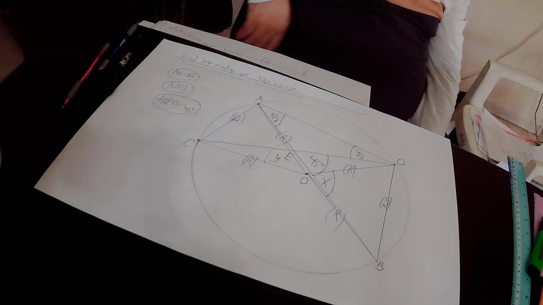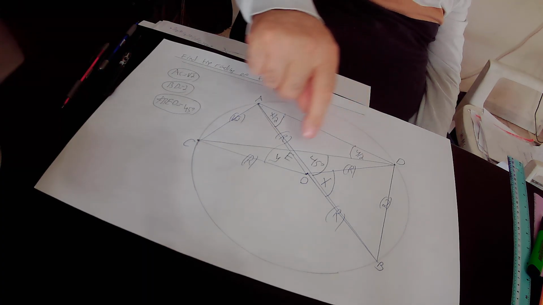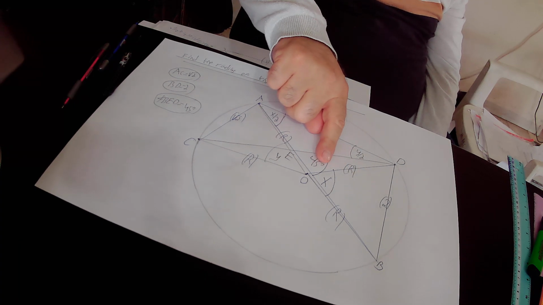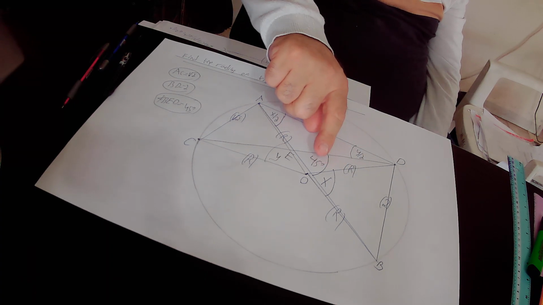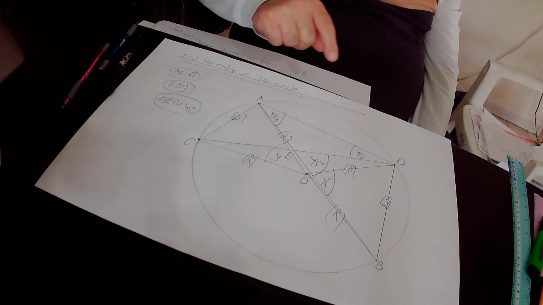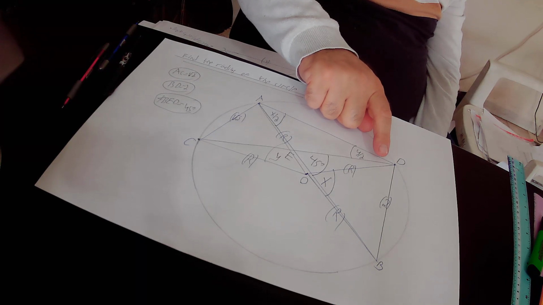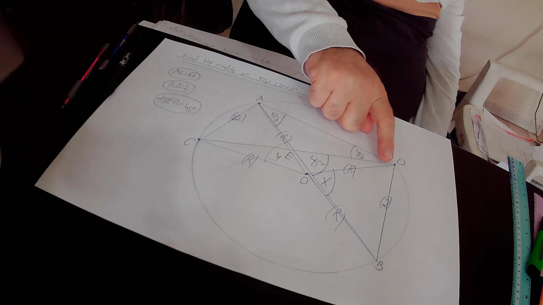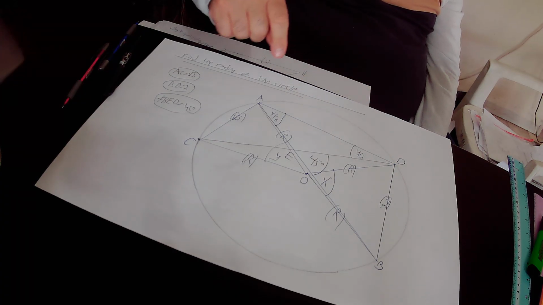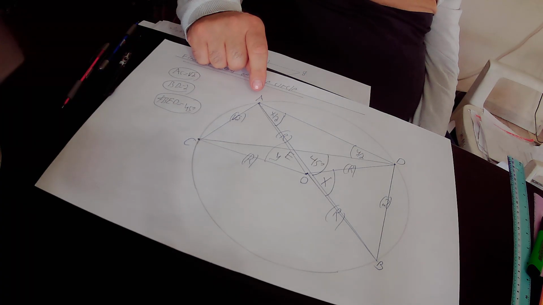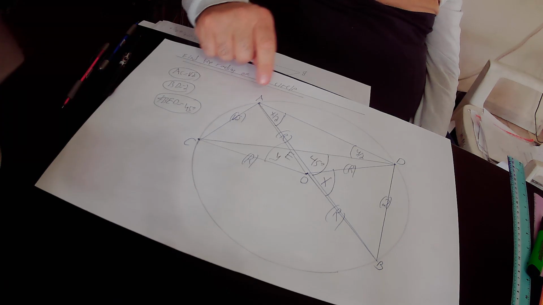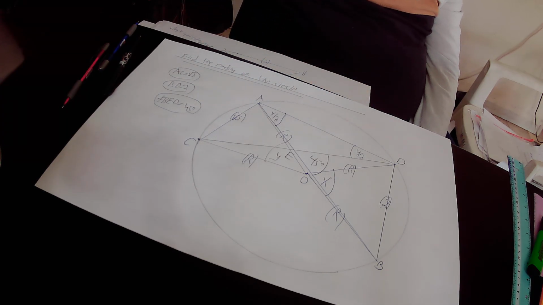In this way, we create the center angle DOB. This is the center angle DOB that subtends on the same arc, arc DB, on the same chord, chord DB. Exactly like this peripheral angle BAD that also subtends on chord BD.